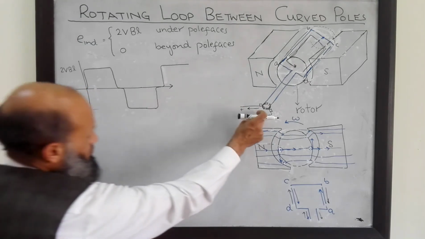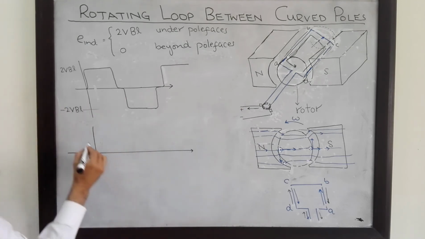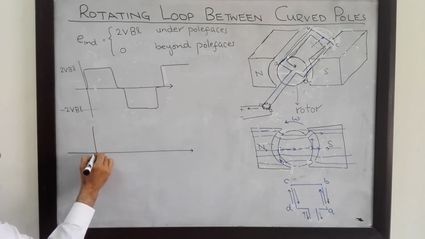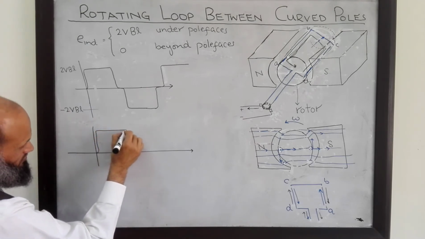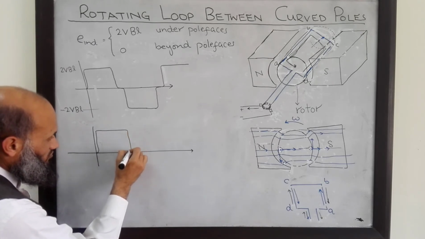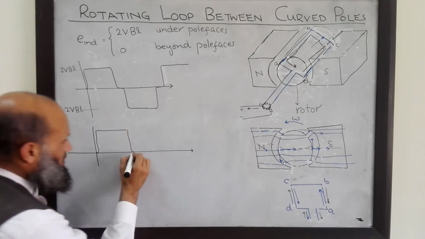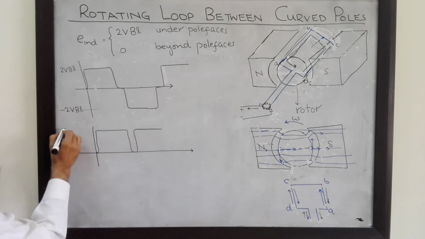That is, by using this arrangement, we shall have this kind of voltage signal. 0 when conductors are beyond pole faces, plus 2 VBL when conductors are under pole faces. It will again become 0 for a short time, and then it will again become 2 VBL.